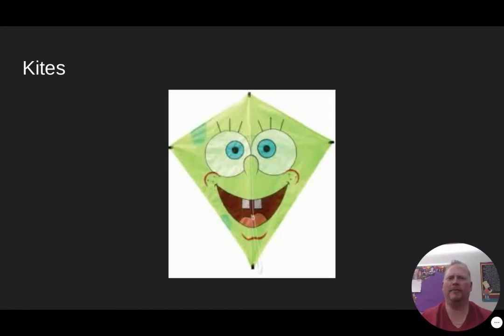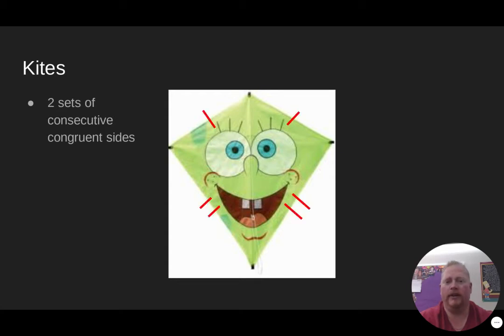Okay, so now let's talk about kites. So a kite has 2 sets of consecutive congruent sides. What that means is in this quadrilateral, a 4-sided figure, I'll have one set of congruent sides and then another set of congruent sides.